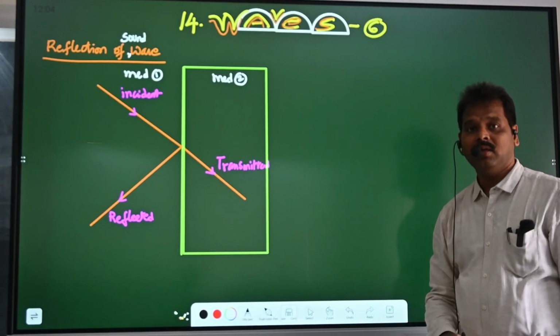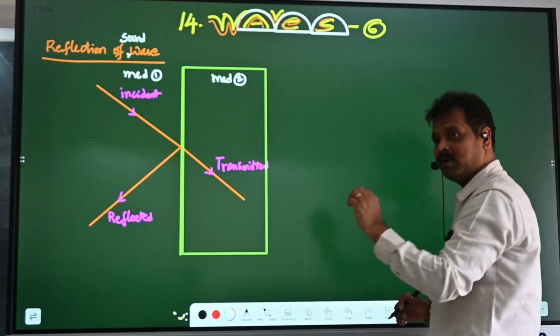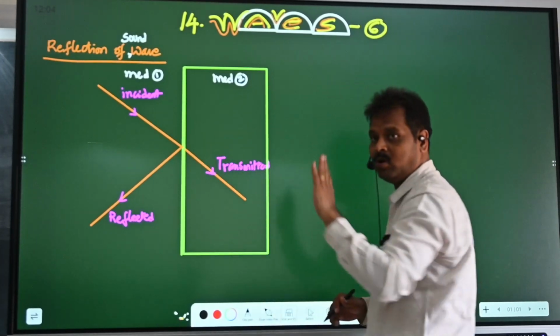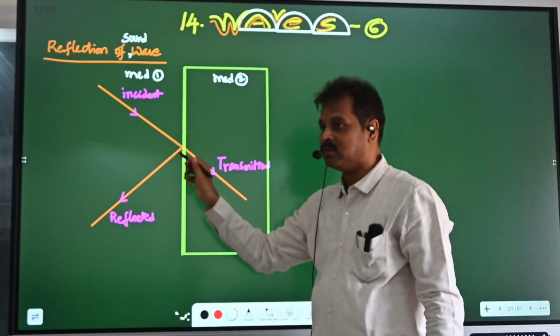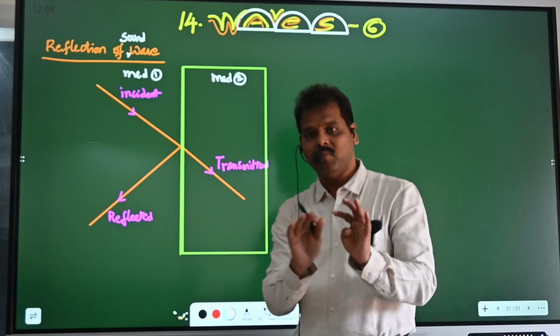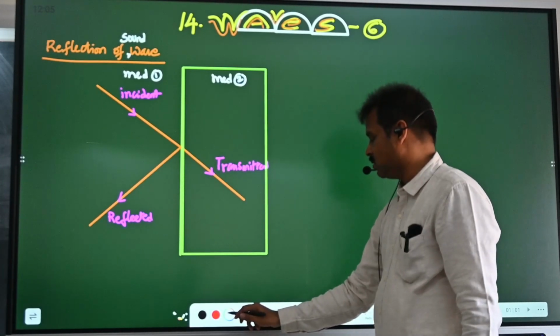Now what are the changes that will take place when light travels from one medium to another, and what are the changes when sound travels from one medium to another? Here some part of the wave is reflecting back. It may be sound wave or light wave, but I will just call it wave.